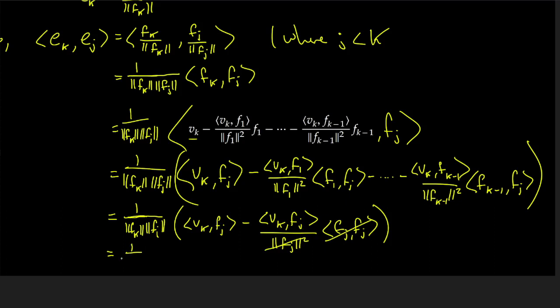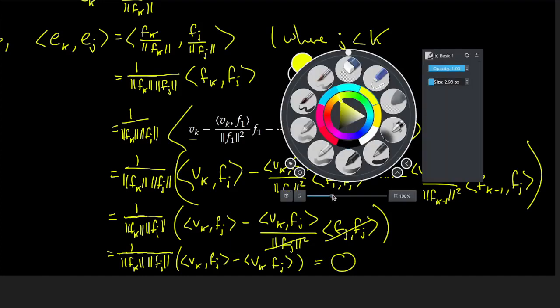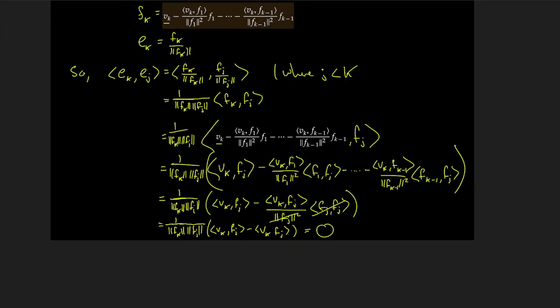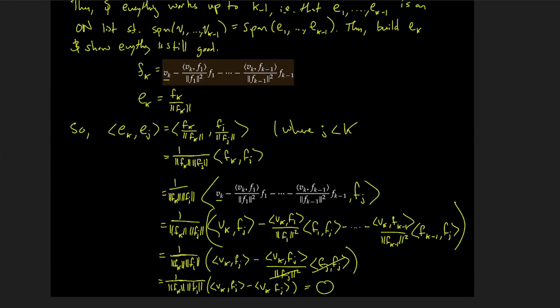So I get 1 over norm FK, norm FJ out front, it's this little factor right here. But then I get VK, FJ minus VK, FJ, and that's just 0. Hey, wouldn't you know it, you've still got orthogonality, and then you're good to go.